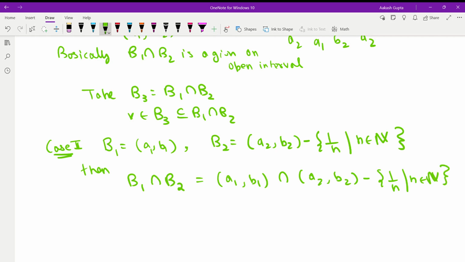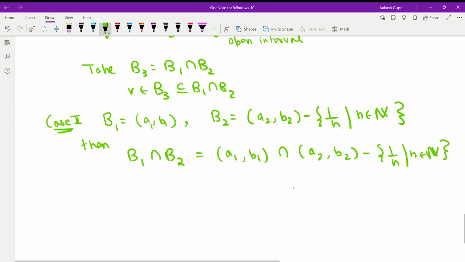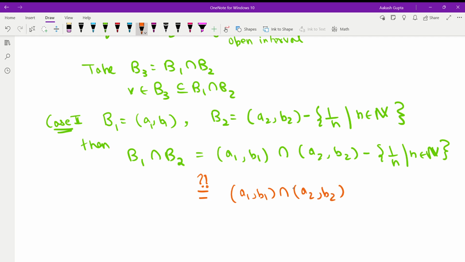So my question is, is this true? Because if this is true, you will see we will be done. Let us see if this is true.